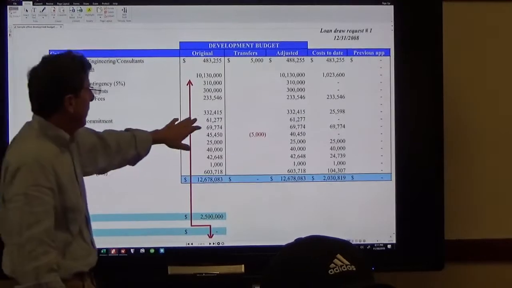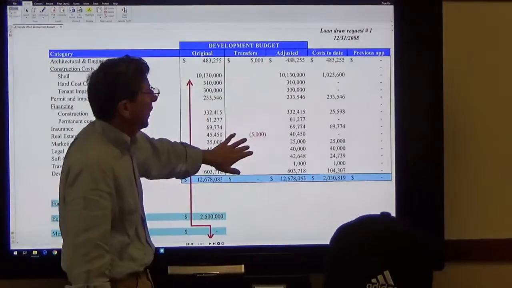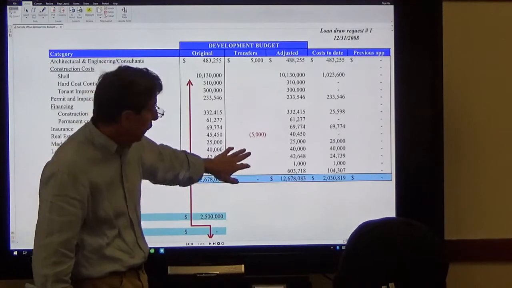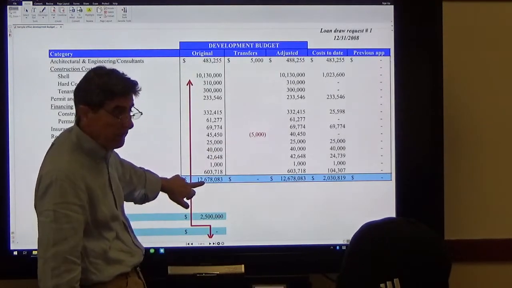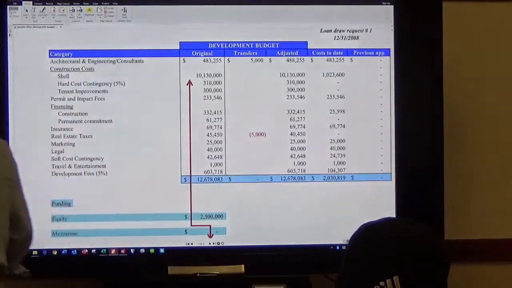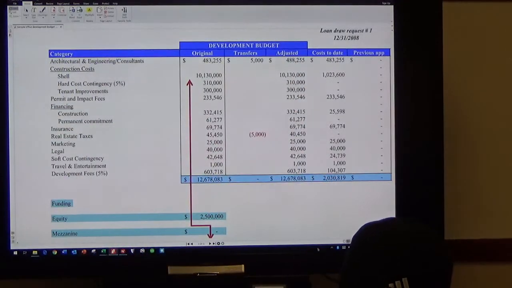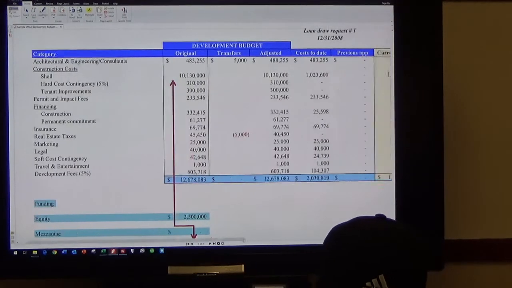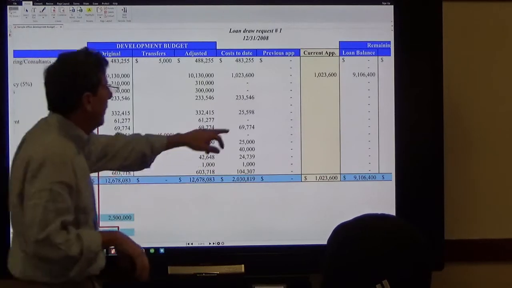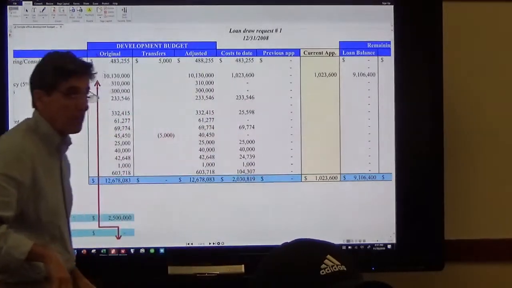Original budget, transfers that I can make within line items. Most budgets allow you to transfer line items as long as you don't exceed the budget, okay? How much did I incur to date? And then in this particular case, I've got a contractor's invoice, okay? The contractor's asking for $1,023,000, and that's basically what I'm going to ask the bank for.